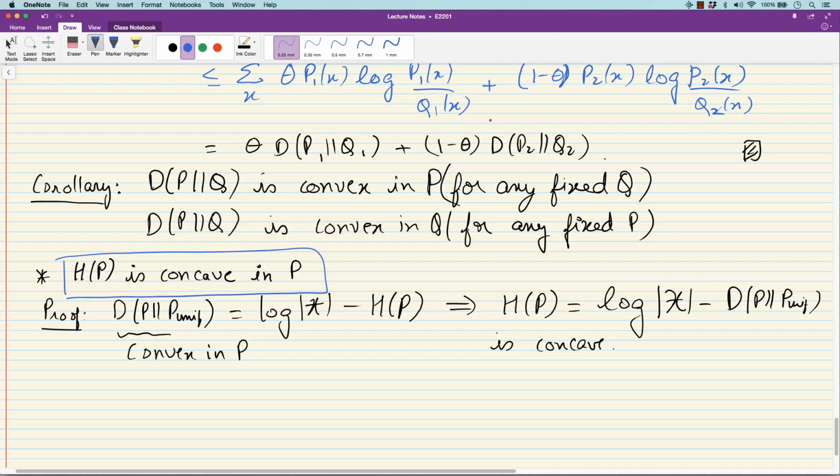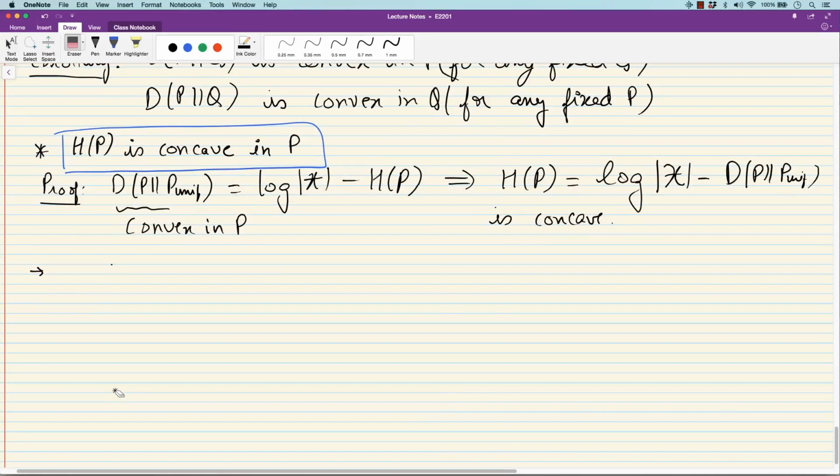There's another interesting implication, but we have already seen that. We already saw that mutual information was non-negative, something that we claimed earlier.